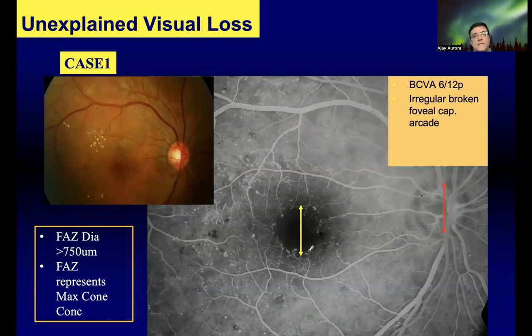A normal FAZ is about 500 micron, but if it exceeds 750 micron, we say that the foveal avascular zone has enlarged. We also look at the broken foveal capillary arcade. This explains that something is going wrong in the fovea, and that can explain a drop in visual acuity. Certainly we do an OCT in these cases, and that would further explain if there is ischemia and foveal thinning.